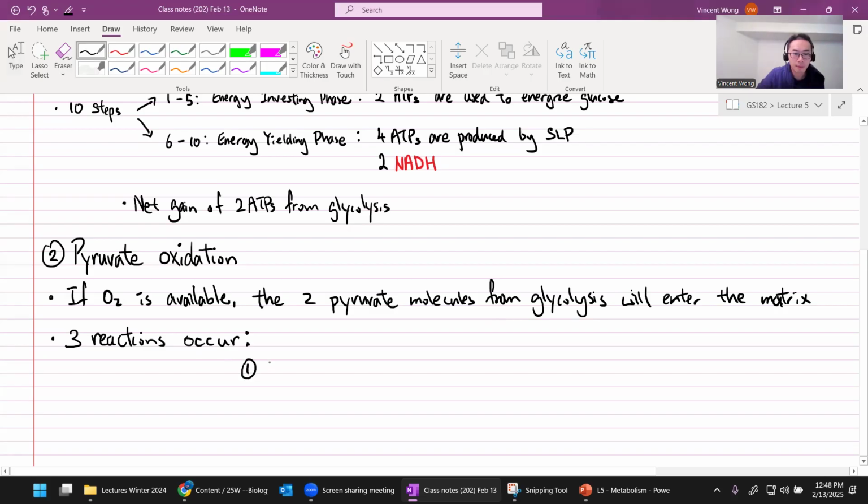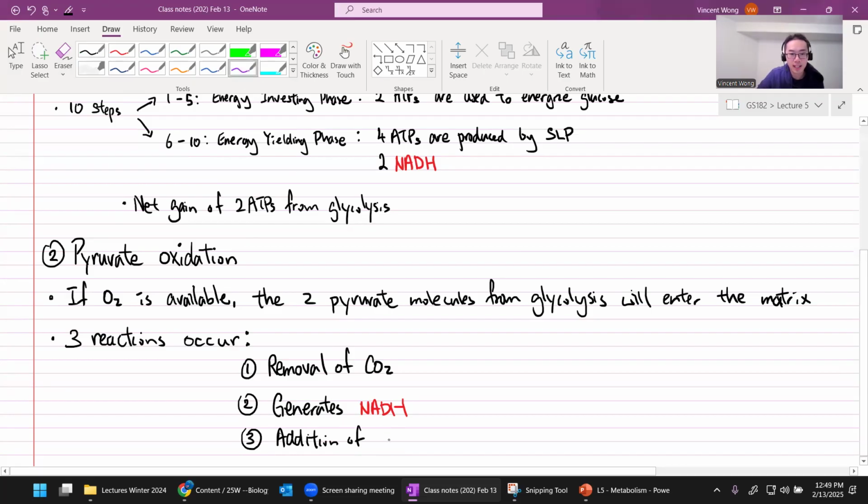Number 1, removal of carbon dioxide. Number 2, generates more NADH. And number 3, addition of coenzyme A. Okay, so what is this thing?